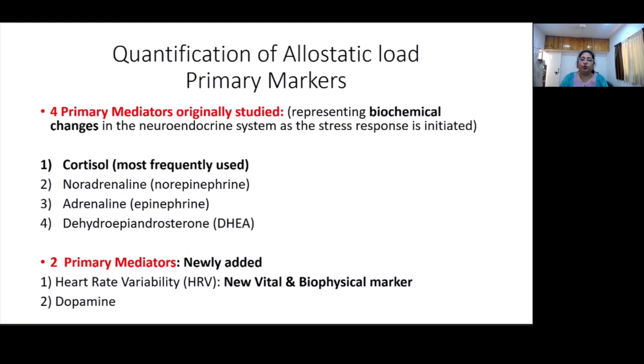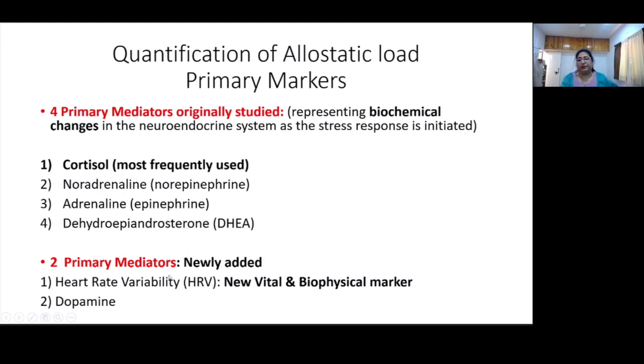After that, 2 newly added markers in the primary marker category include heart rate variability, which you can call a new vital, because it's a very important marker, which we will discuss over a period of time. Most importantly, out of all these markers, heart rate variability is the only biophysical marker.